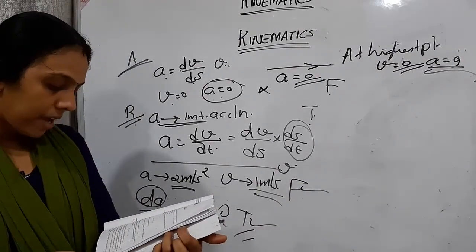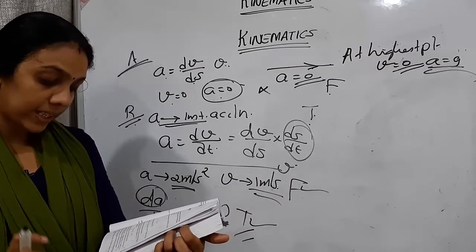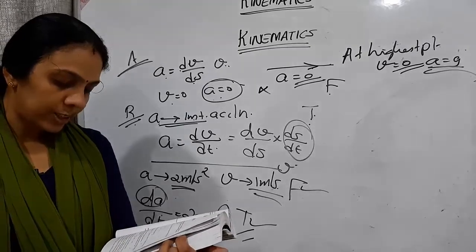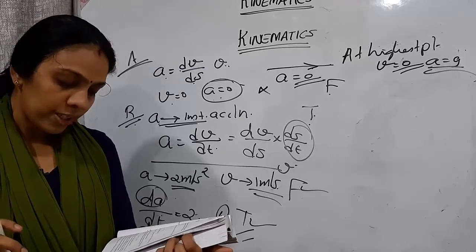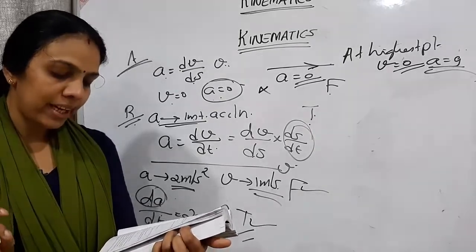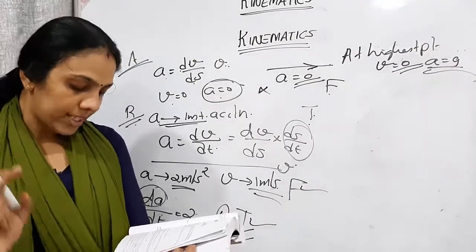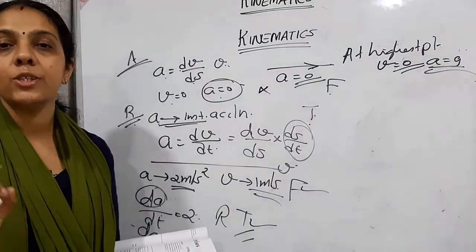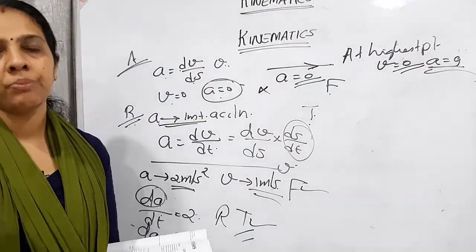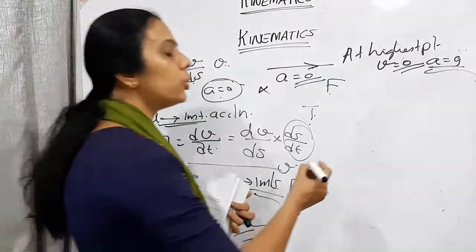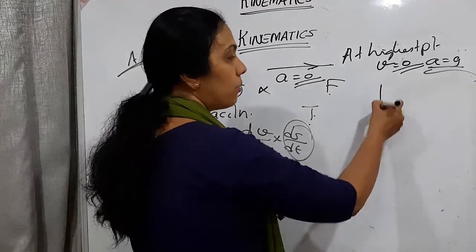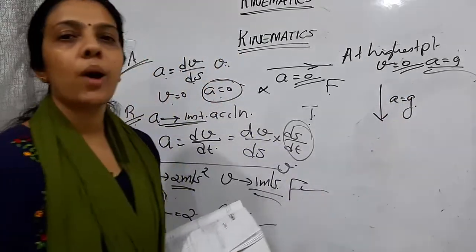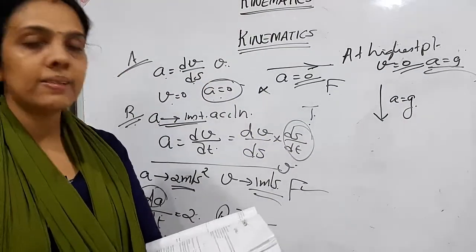Next question. Average velocity can't be zero in uniform acceleration. Reason: for average velocity to be zero, a non-zero velocity should not remain constant. So first one, assertion is average velocity can't be zero in case of uniform acceleration. When an object is falling down, it is moving with uniform acceleration, so average velocity cannot be zero.